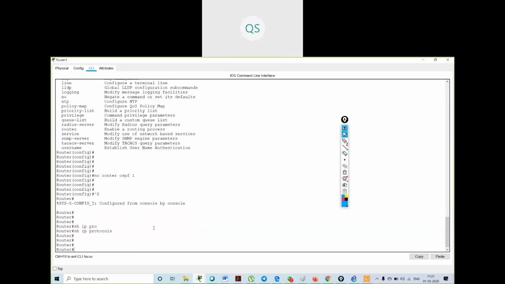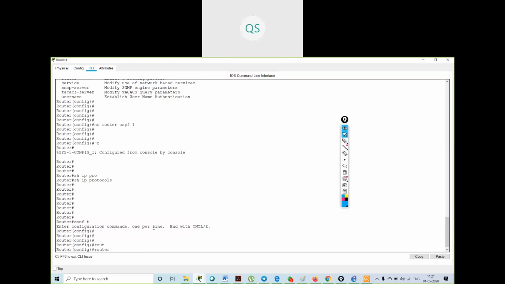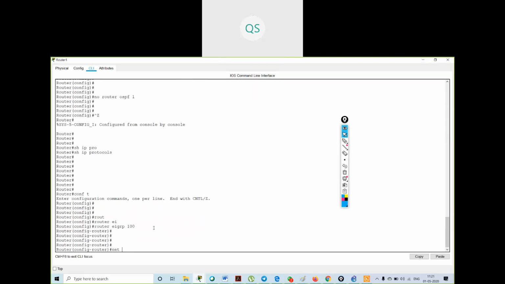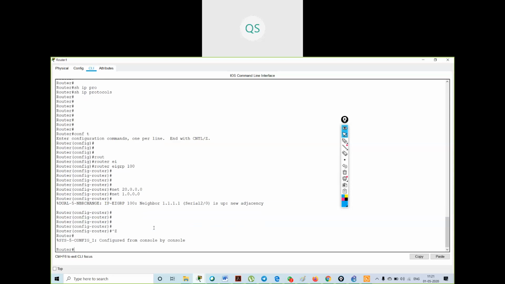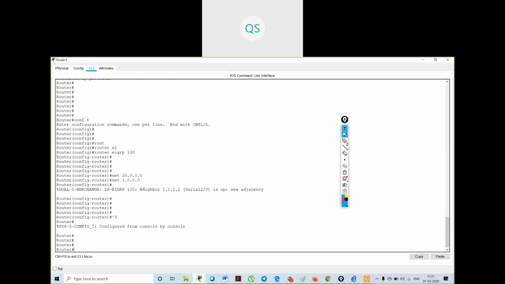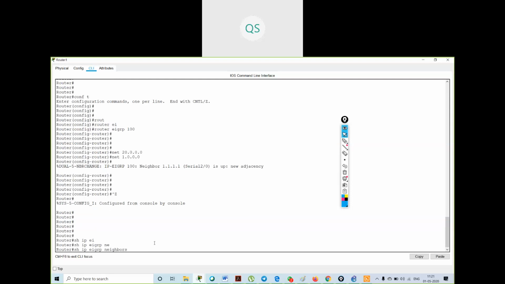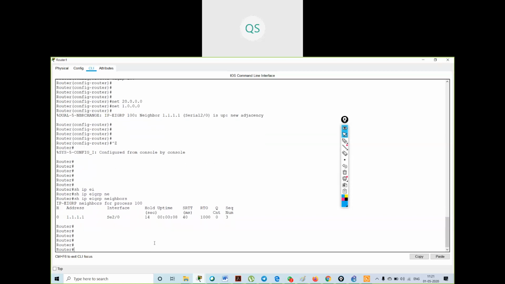Then I will go on my head office router and say router EIGRP 100, and add the networks. See, the neighborship is up. How to verify the neighborship? Show IP EIGRP neighbor. I have a neighborship with one neighbor, 1.1.1.1. I can see the neighborship.